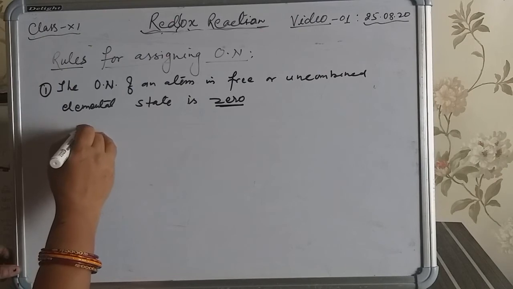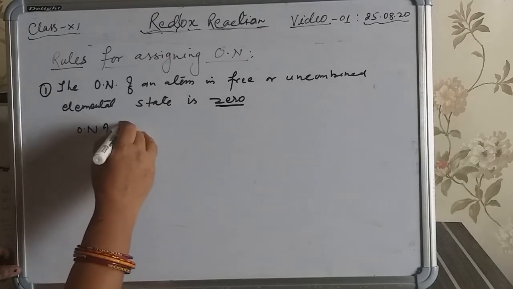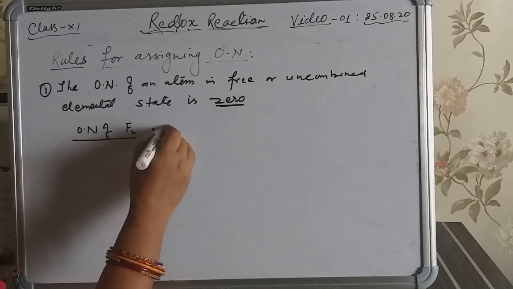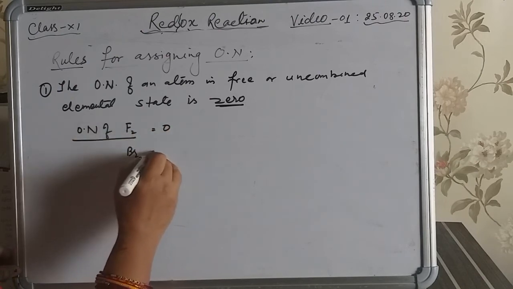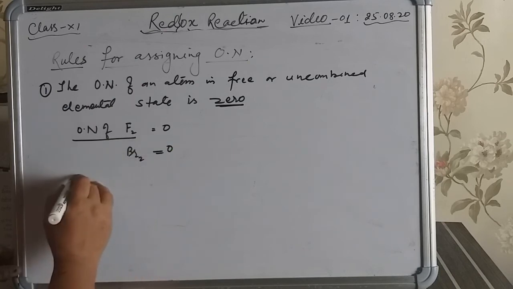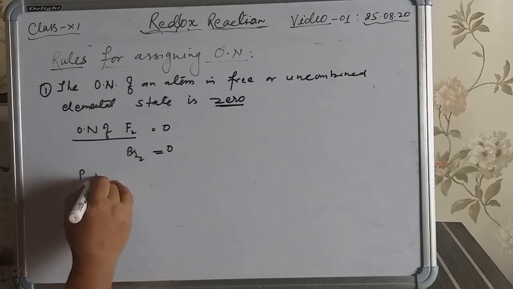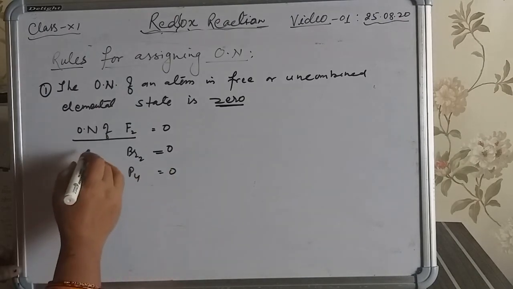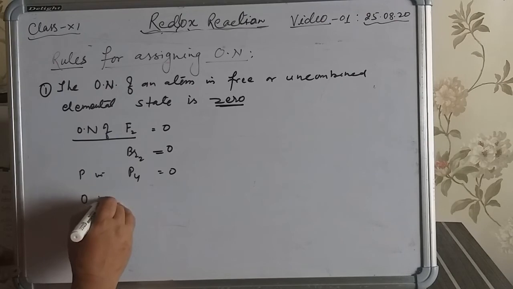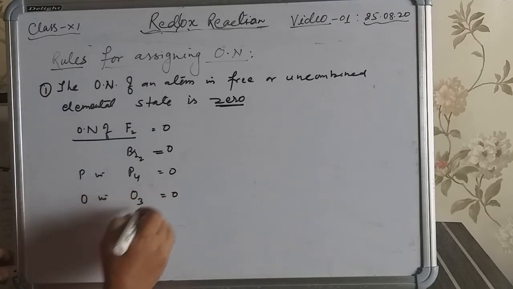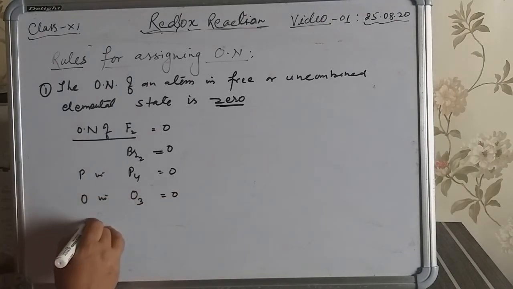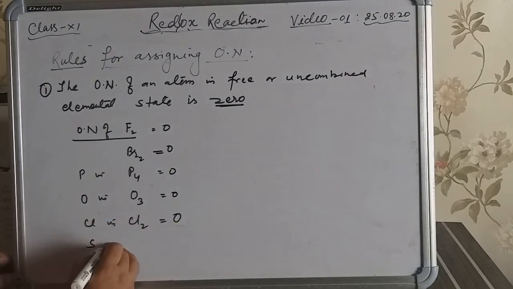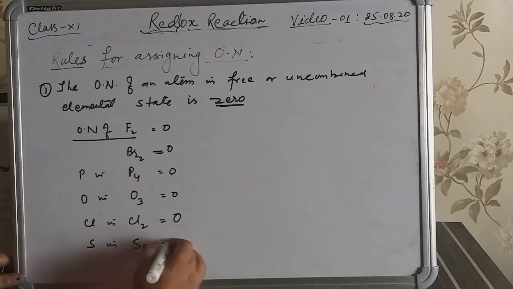For example, the oxidation number of fluorine in F2 is 0, Br2 is 0, phosphorus in P4 is 0, oxygen in ozone is 0, chlorine in Cl2 is 0, and sulfur is 0.